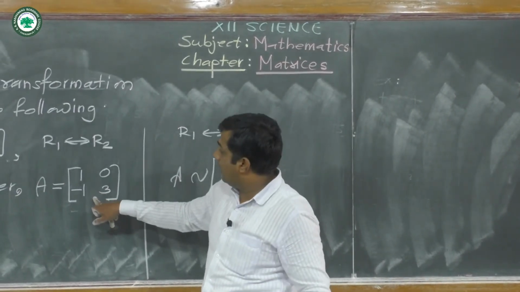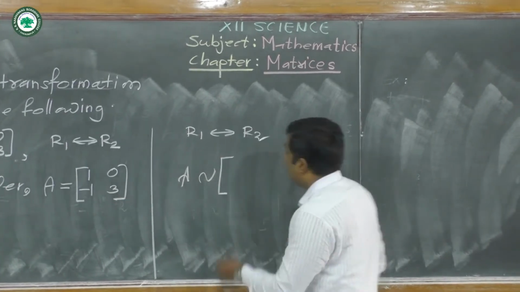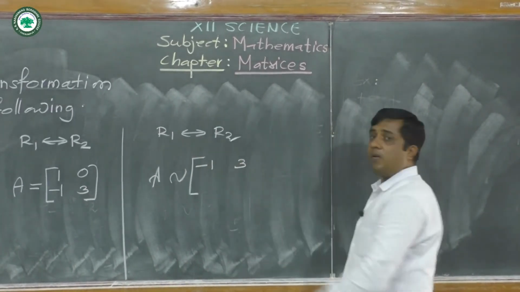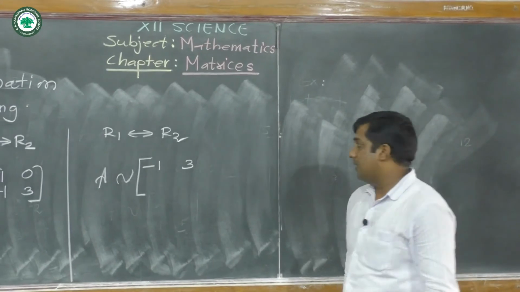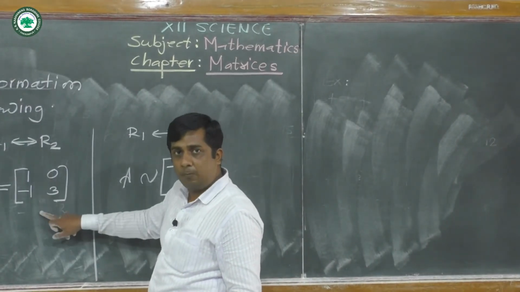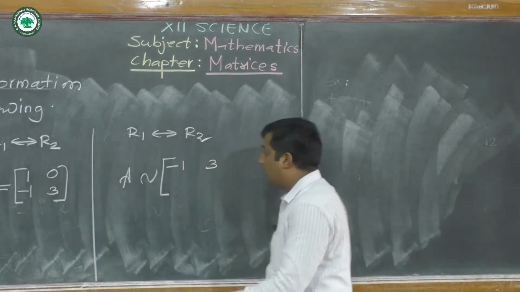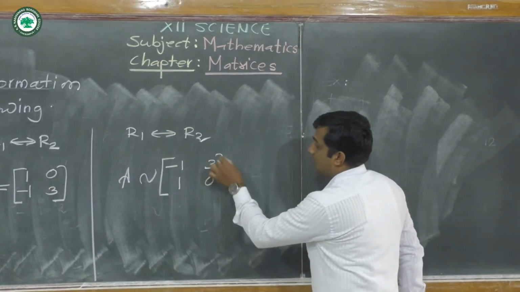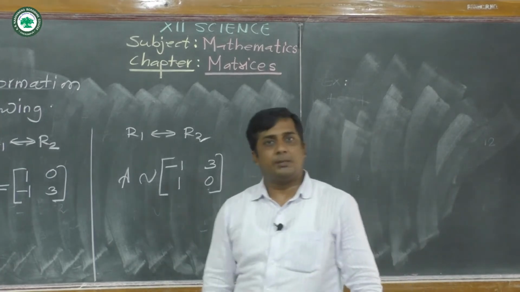In the second row our elements are minus 1 3, so here minus 1 3 is in the first row. Then we replace our second row by using the first row. In the first row we have 1 0, so here in the second row 1 0. So this is our new matrix.